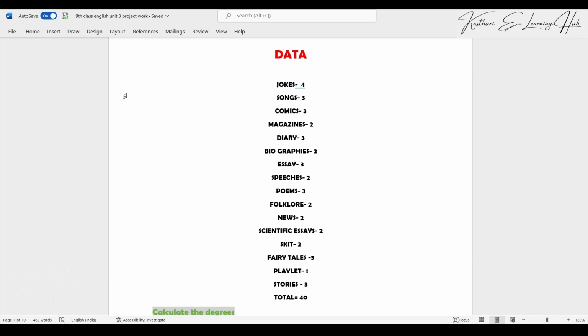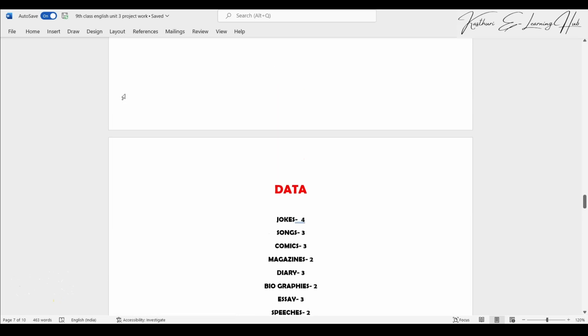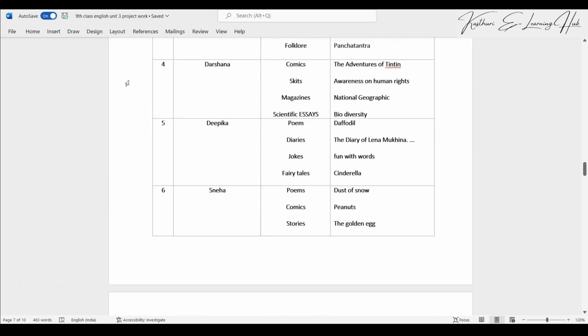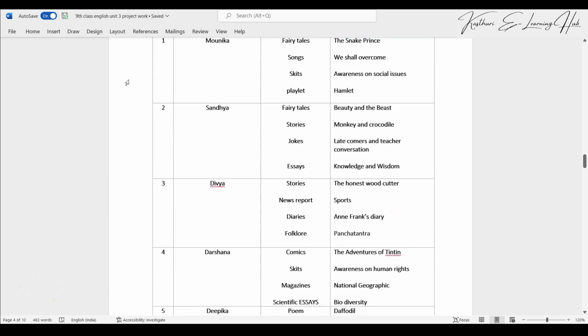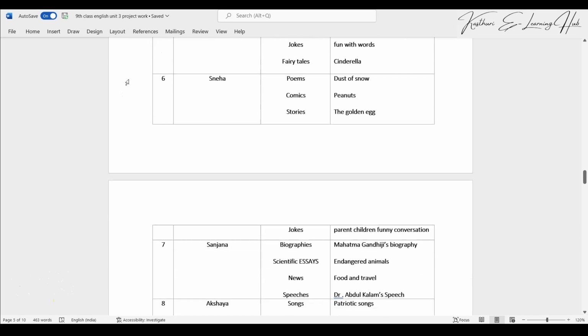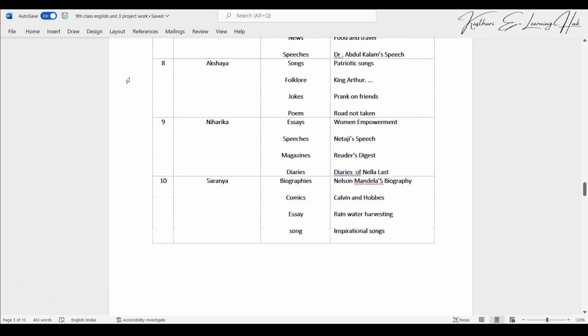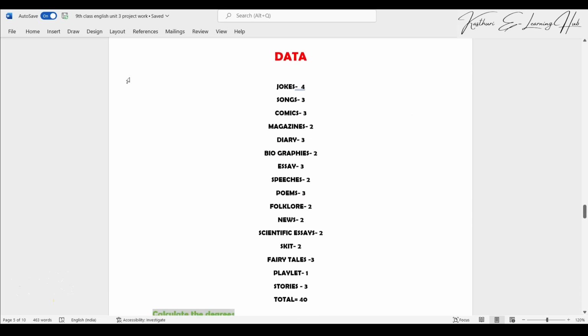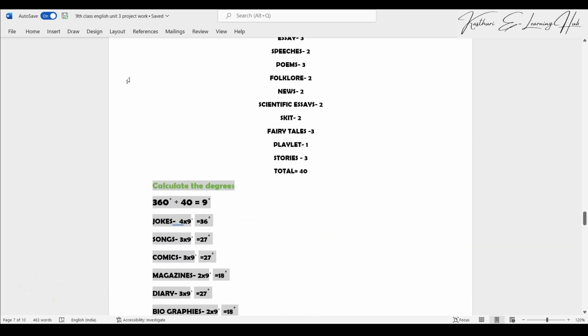How many children? Which one has more data? All the data we need to write down in this column, in this table. We need to find out how many jokes, how many fairy tales, how many essays, how many diaries, how many poems, how many biographies. All this we need to write as numbers.